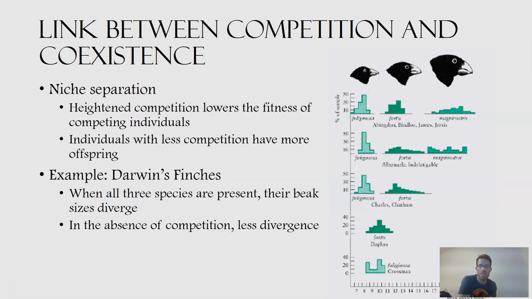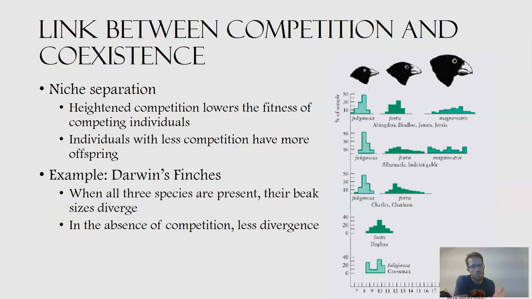We see three different species here: small, medium, and large. The size of their beak is often talked about as being important based on what food it can actually access. If it has a big beak, it can access big seeds, big fruits. If it's got a small beak, maybe it's more insectivorous, or maybe it can only eat those small seeds.